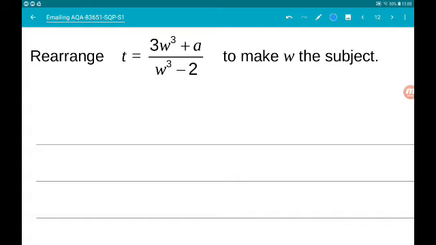In question 13, we are rearranging an algebraic fraction. I got a video on this with loads more examples. I'll stick it down below. So we want to rearrange t equals 3w cubed add a over w cubed minus 2 to make w the subject. Good times. 5 marks.